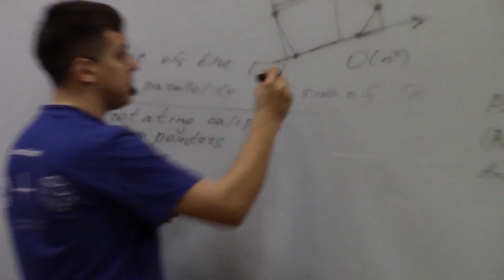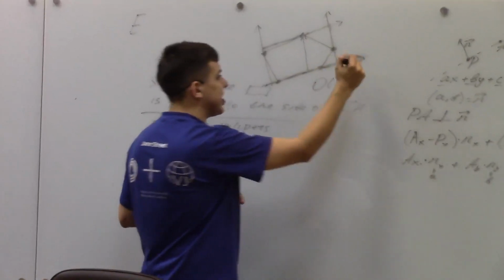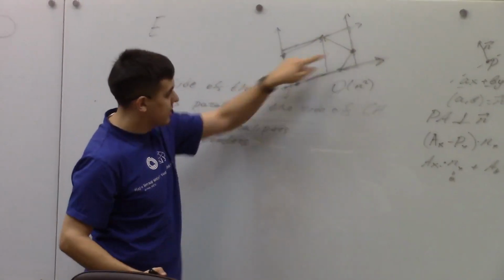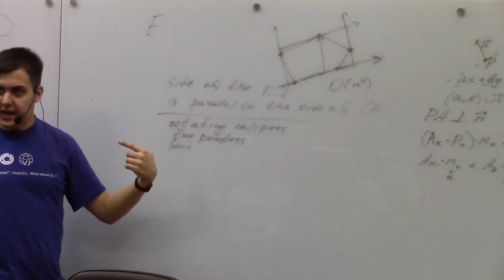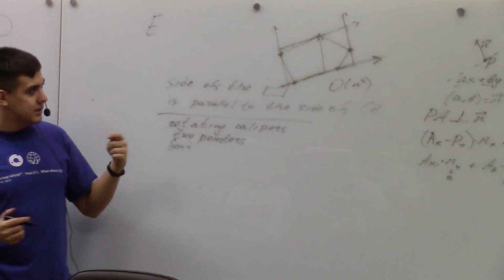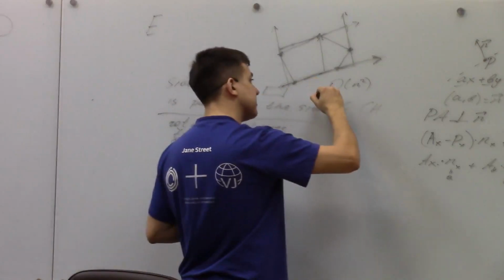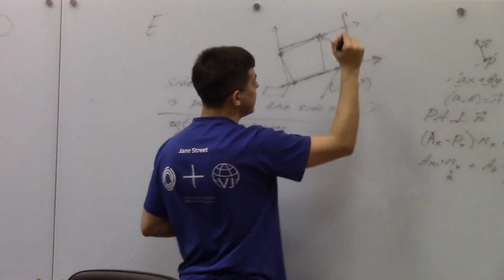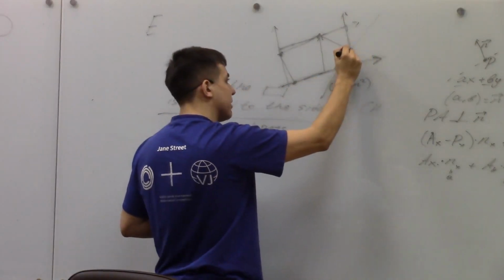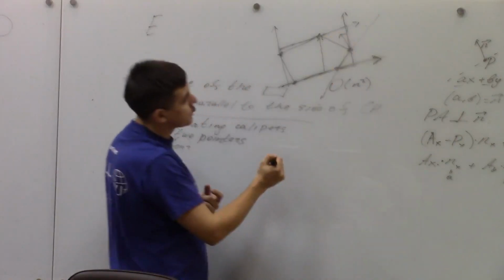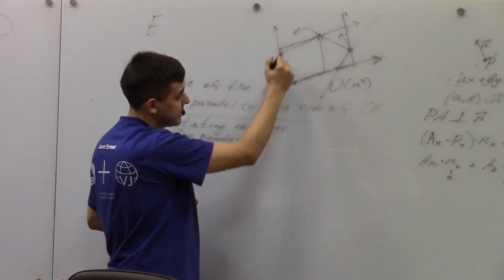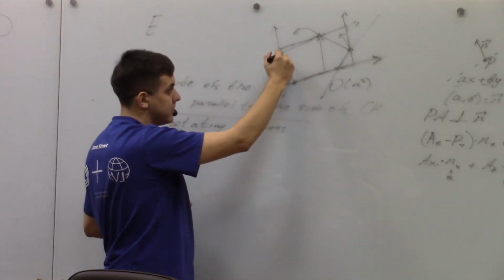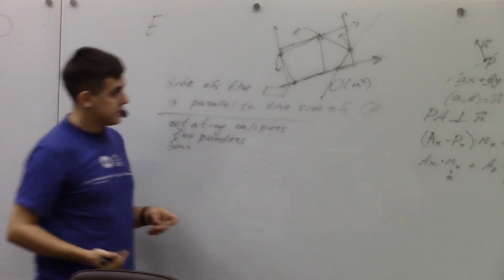So we'll iterate over all possible sides. We'll find the farthest point here, here, and here for the first side. And the claim is, if we go to the second side, so if we move to this one, this point will only move counterclockwise, this point will only move counterclockwise, and this point will only move counterclockwise.